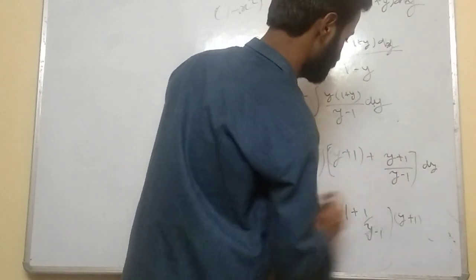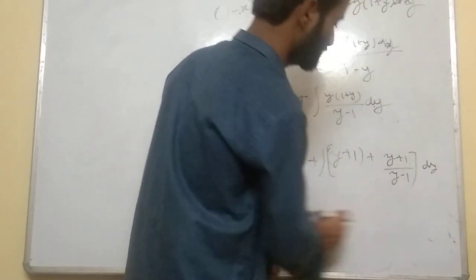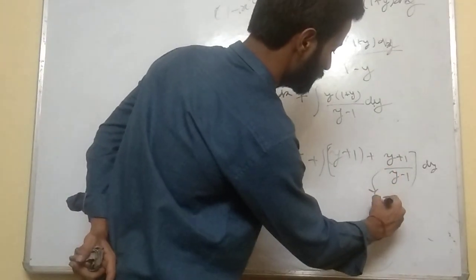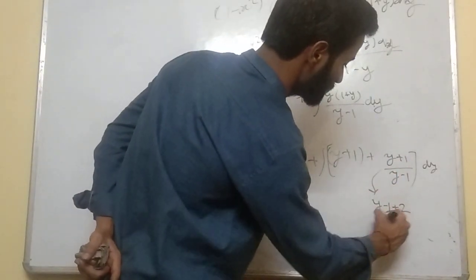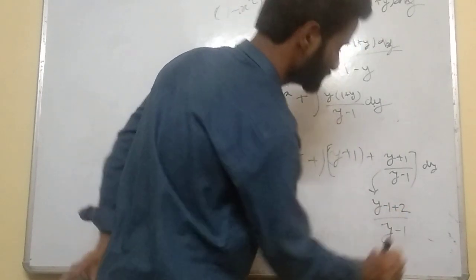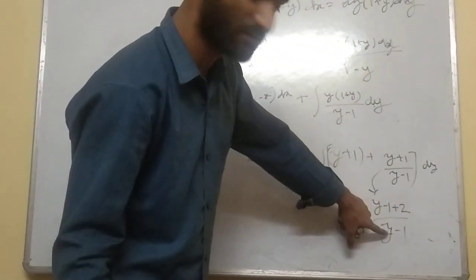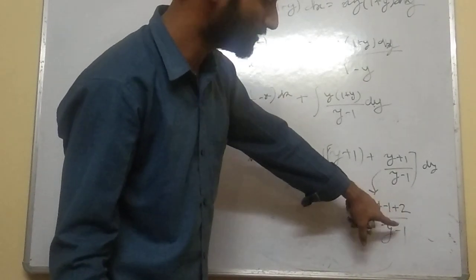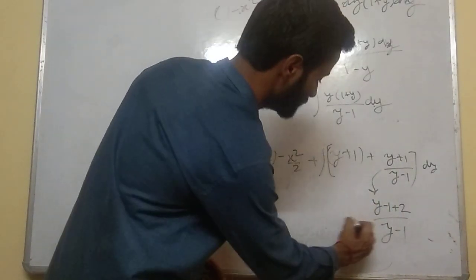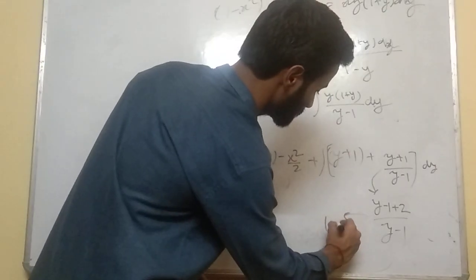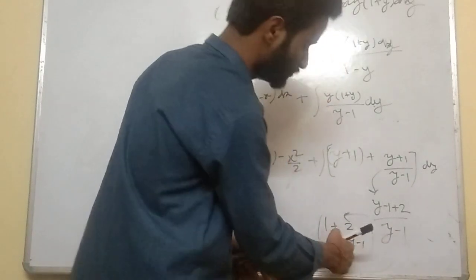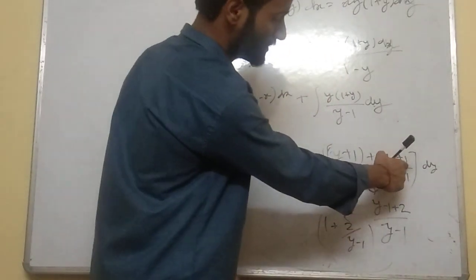But here this is also going to be problematic. So you can again write this term. You can write down y minus 1 plus 2 upon y minus 1. So y minus 1 will be cancelled out. So this will become y minus 1 plus 2 upon y minus 1. So you can write down this term: 1 plus 2 by y minus 1. So you can write down this in place of this one.